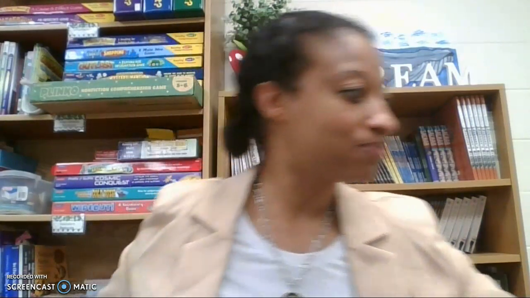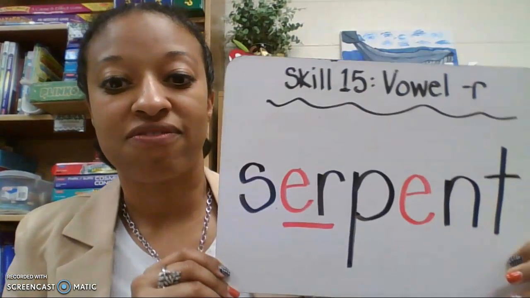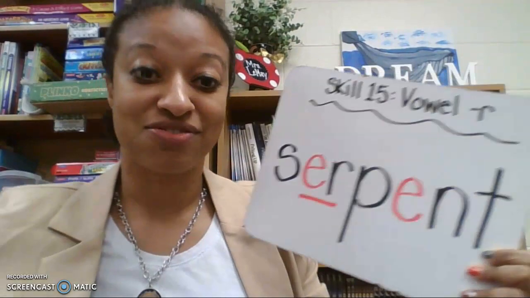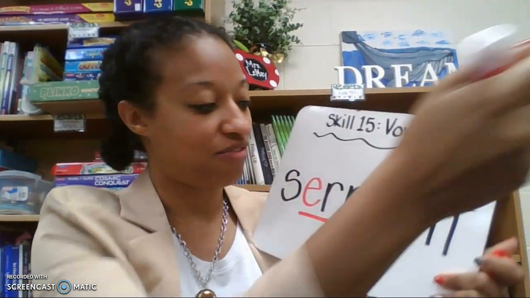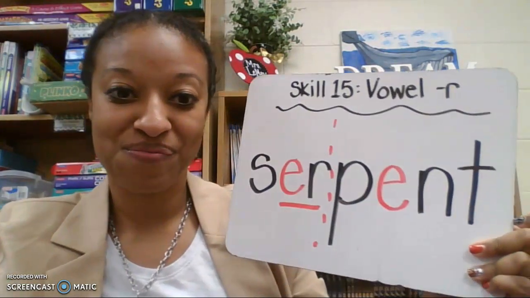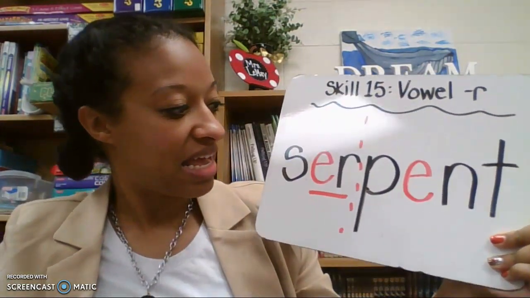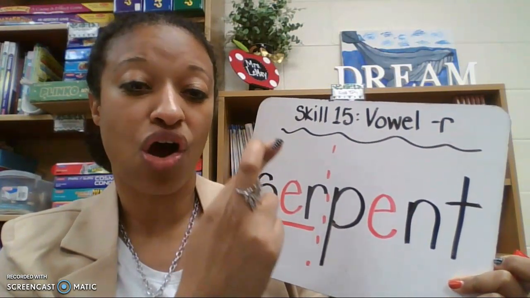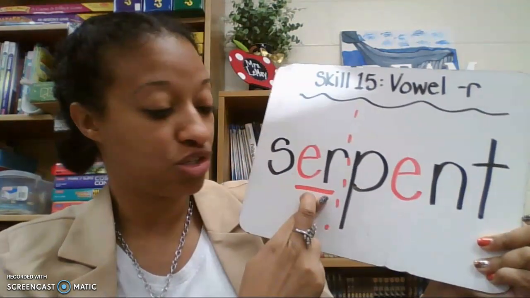And then last, but definitely not least, skill 15, which is vowel plus an R. I just realized I forgot to divide this word, but that's okay. I'll do it right in front of you. There we go. The hand signal is an R in sign language, and you just put it right underneath.